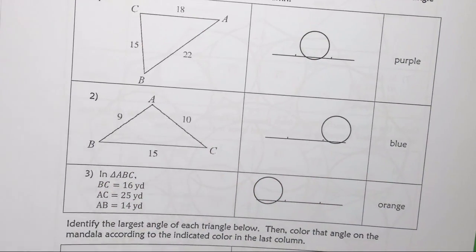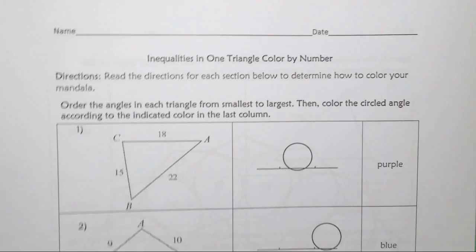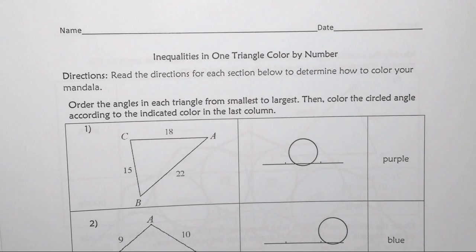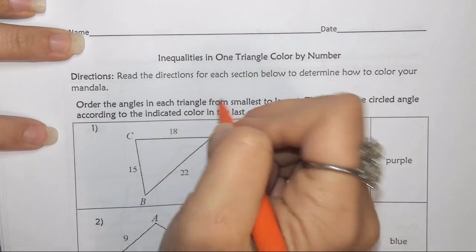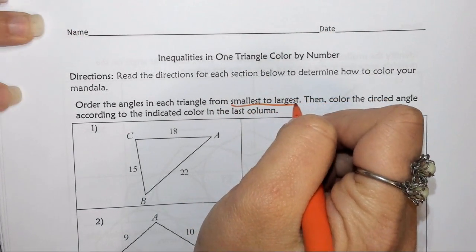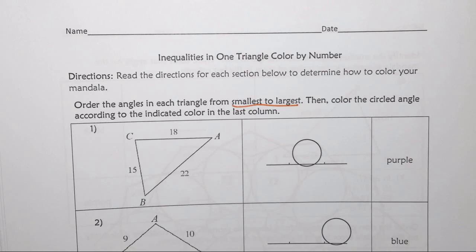Okay, so what you're going to do is you're going to follow the directions. It says read the directions for each section below to determine how to color your mandala, which is your second page. Order the angles in order from smallest to largest. Let's underline that so that we know how to label them and list them.